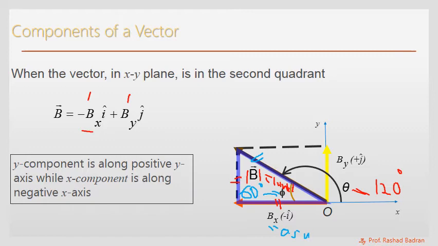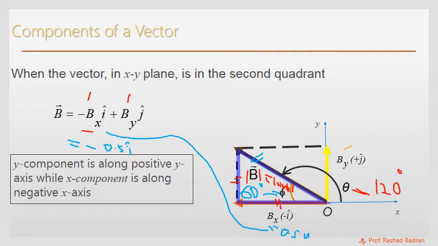The x component obtained can be substituted right away in here, so you will have just that. The minus sign is there, 0.5 unit, then i hat. Now, how can you find the other component, the y component? The y component is simply the product of b by sine of the angle phi, which is 60.